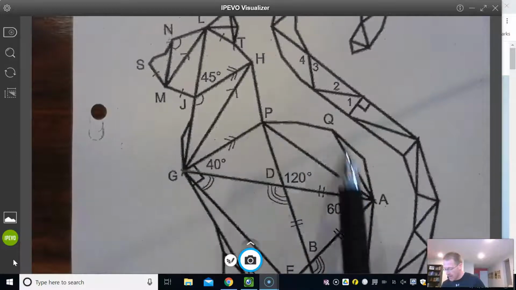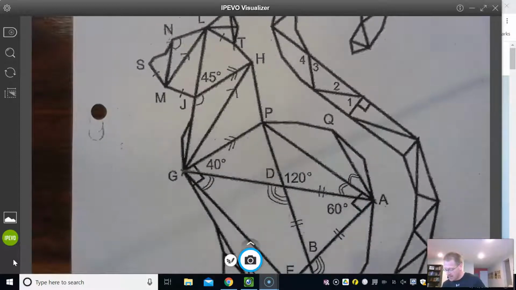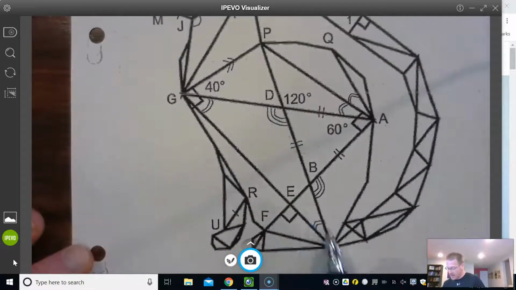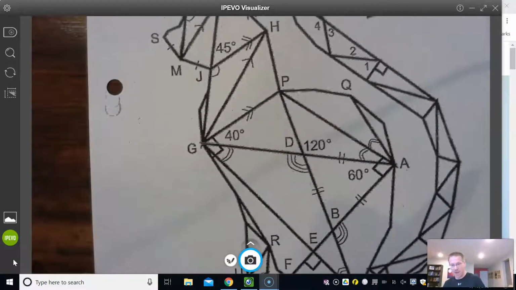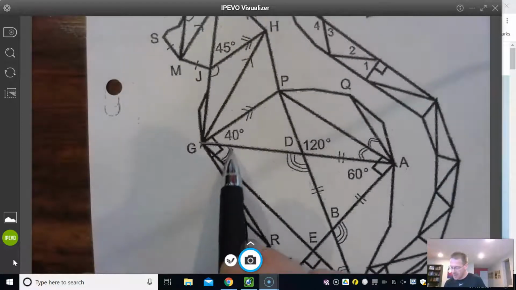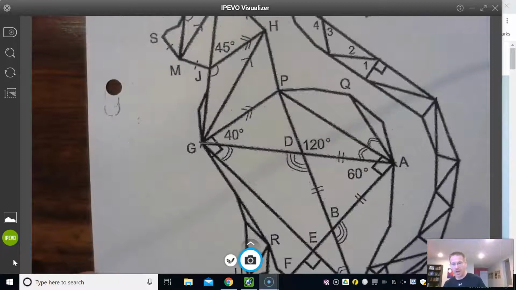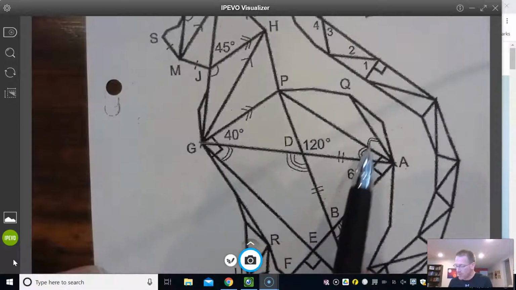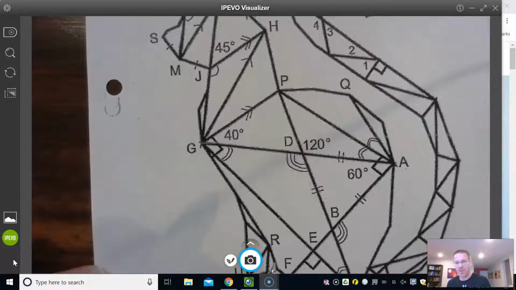So PAQ, we have PAD here. Way down at the bottom, we have ECB that has 2 angle marks. We also have this angle over here that has 2 angle marks. All those angles that have the same marks, remember, are the same. That's important because I don't really have enough information over here to find the angle measure for PAD.